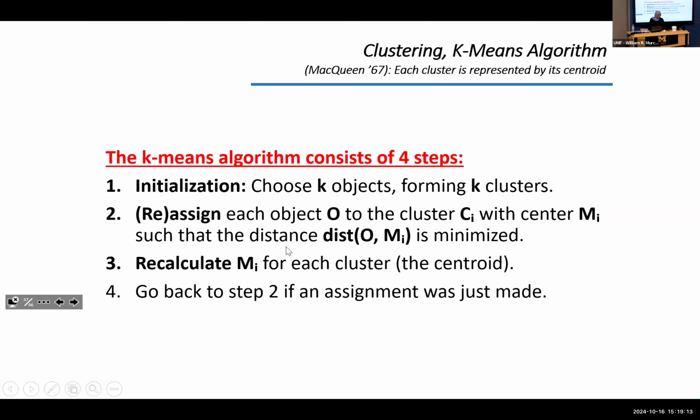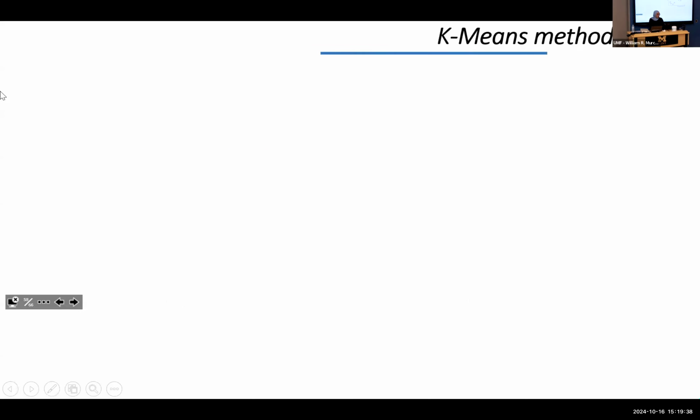I'm going to reassign each object O to the cluster Ci with the center Mi, such that the distance between the object O and the center Mi is minimized, because the nearer you are to the centroid, the more you belong to the cluster that centroid is representing. And then we recalculate the center Mi for each cluster, and go back to this step, repeating until convergence.